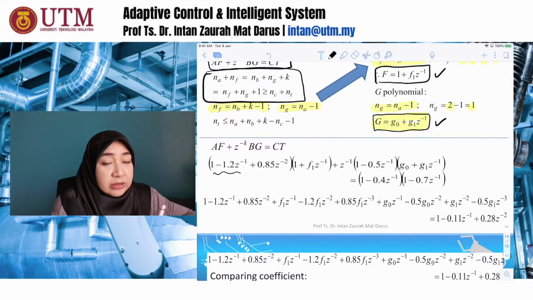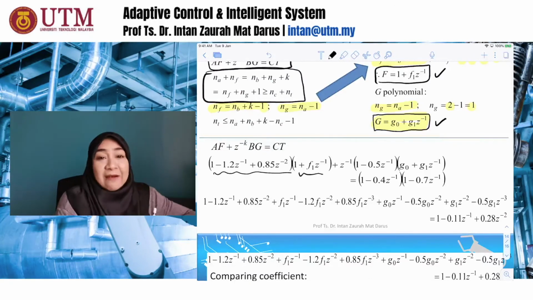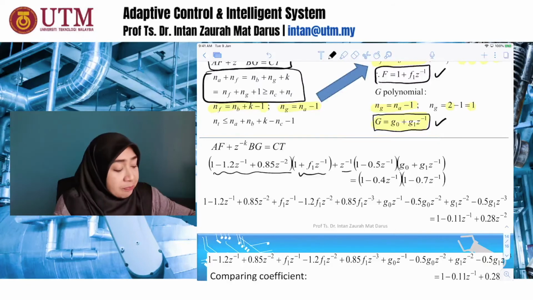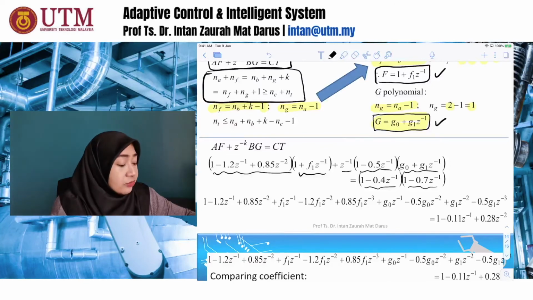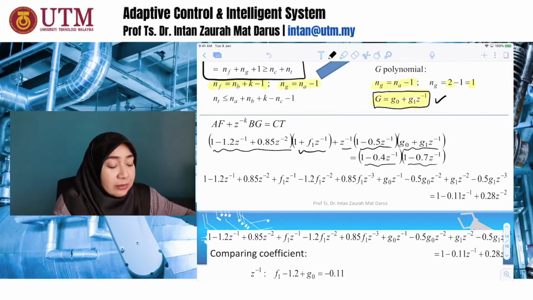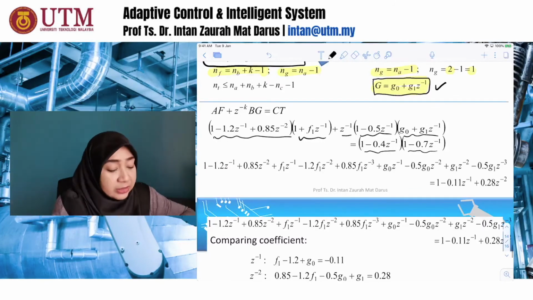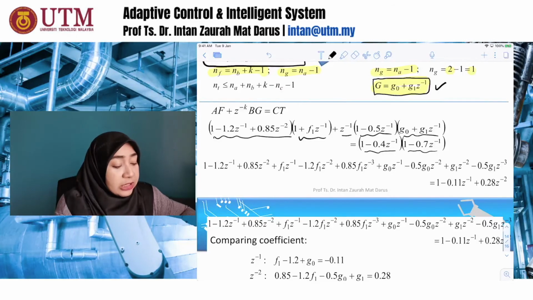This is my polynomial A, this is my polynomial F, this is my z minus k, this is my polynomial B, and this is my polynomial G. It is equivalent to polynomial C multiplied by polynomial T. So we put this into this equation and we need to expand it. It's a bit tricky, so you have to do it properly, and I have expanded it. You have to expand all of them, so we get this very long equation here for your AF plus z minus k BG equals CT.